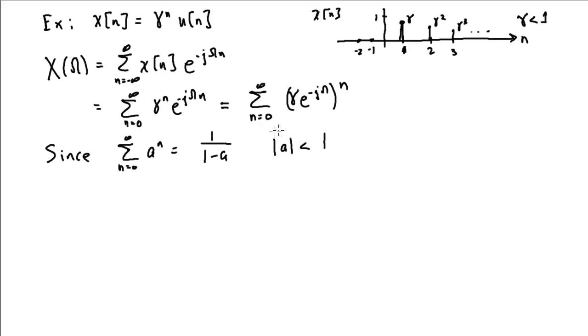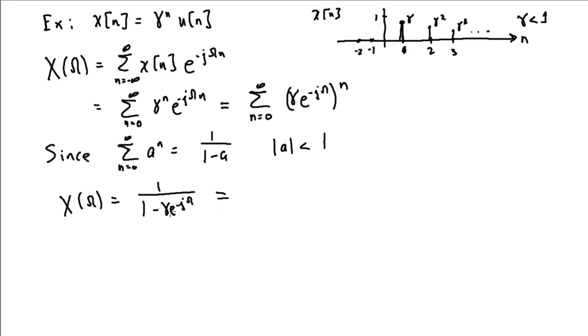So using this result, we can write that X of omega is 1 over 1 minus gamma e to the minus j omega, as long as the magnitude of gamma is less than 1. It will converge.